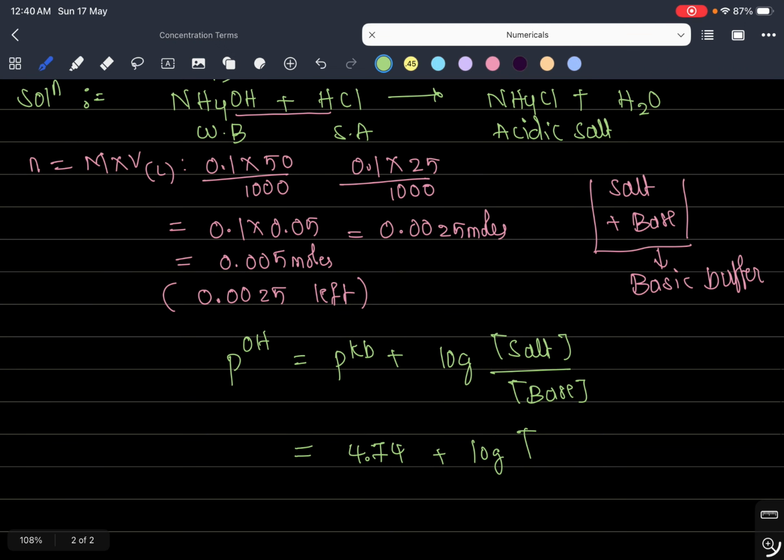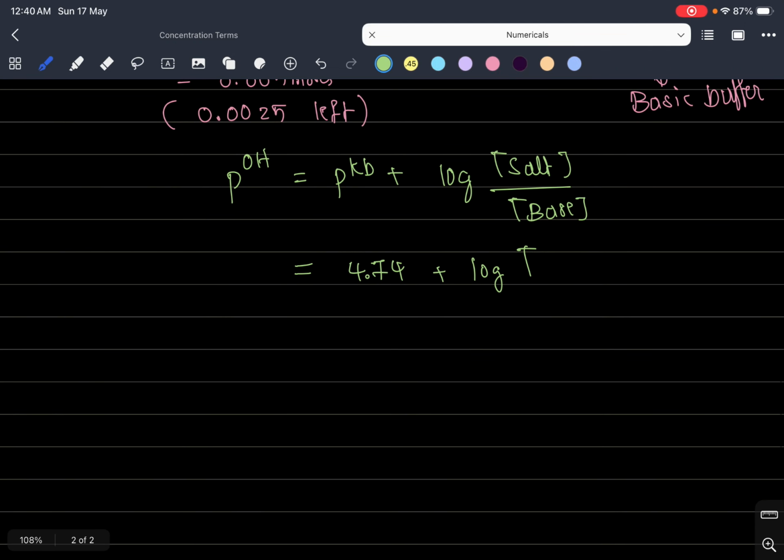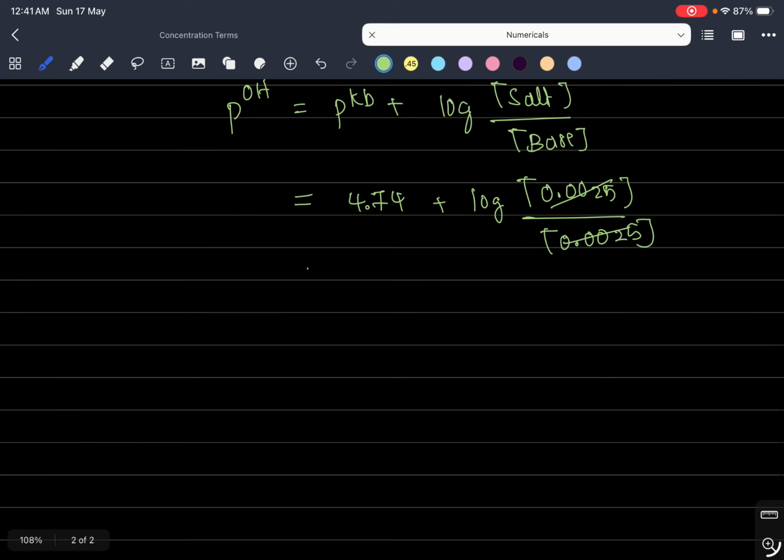Only equal moles react, so that's 0.0025 by the concentration of the base, also 0.0025. These two values get cancelled, and that's going to be log 1. Log 1 is nullified, so you have 4.74 as the pOH.